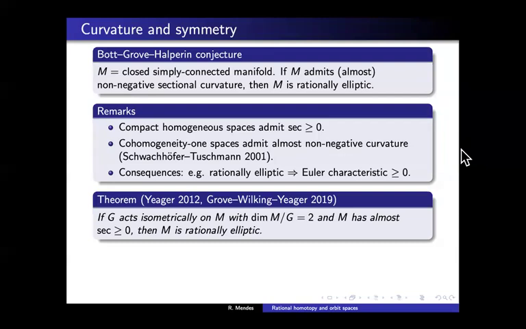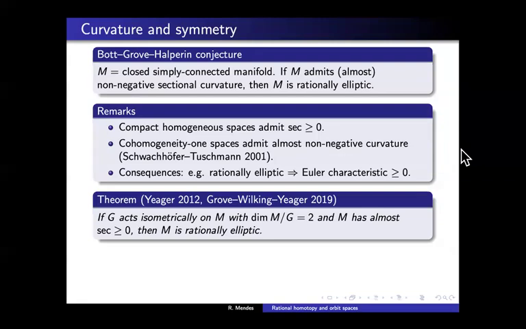So their theorem says that if you have a homogeneity 2 manifold, so you have a group acting on the manifold isometrically, this is a Riemannian manifold, and the quotient has dimension 2, then the total space M, if it has almost negative curvature, then you get rational ellipticity, right?